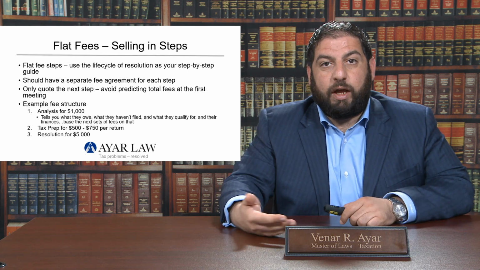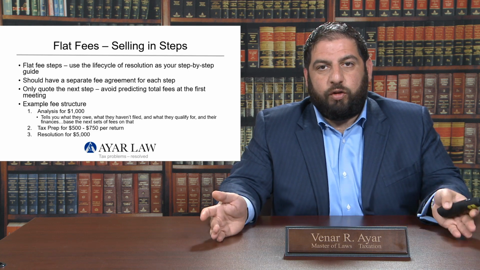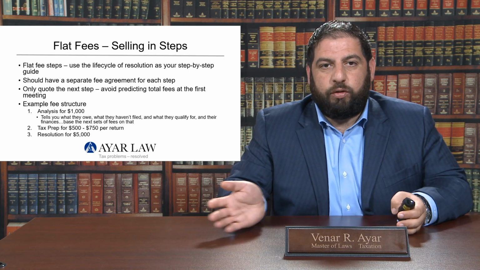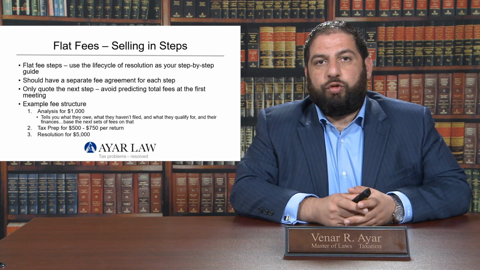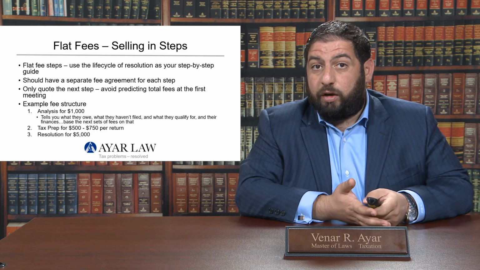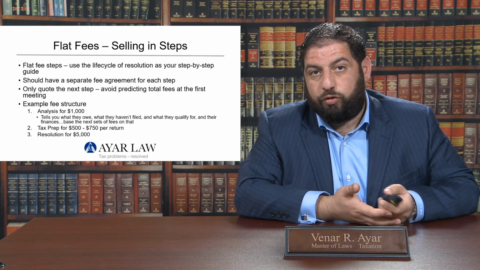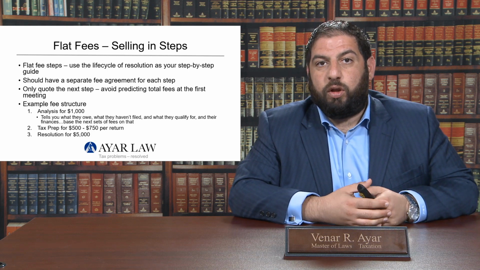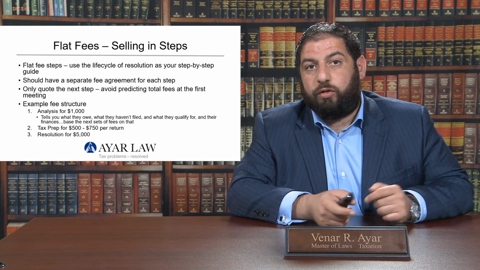And then a resolution on average, now offer and compromise is more, installment agreement is less, but I think on average a resolution is about $5,000. Sometimes if somebody wants me to negotiate an installment agreement, I charge as little as $1,500 if it's a streamlined installment agreement. $1,500 still isn't bad for what is essentially one phone call and a little bit of follow-up. Or sometimes I charge as much as $5,000 or $10,000 to set up an installment agreement.